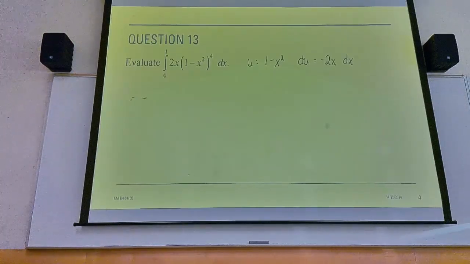So multiply the 2x by negative 1, and then multiply the result by minus 1. When x is 0, what is u? When x is 1, what is u?